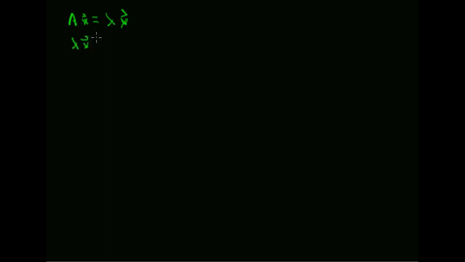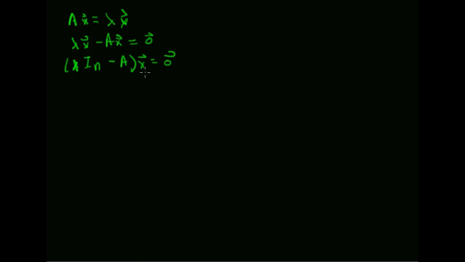We're going to say that lambda x minus Ax is the 0 vector. If I pull the x vector out of this, I get lambda times the identity minus A times the x vector is 0.